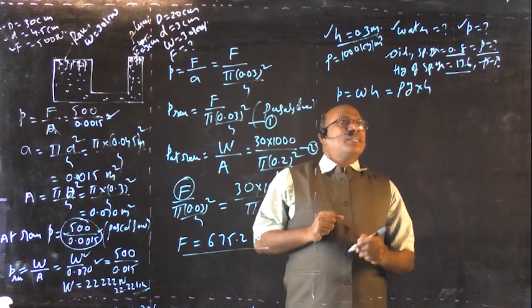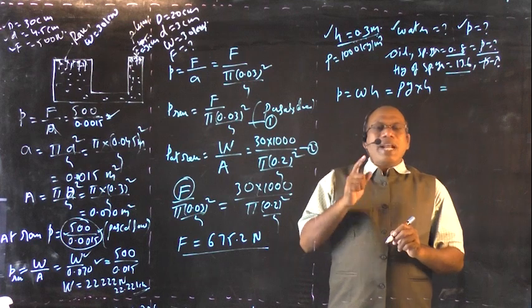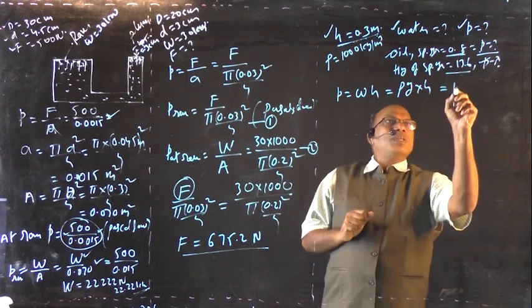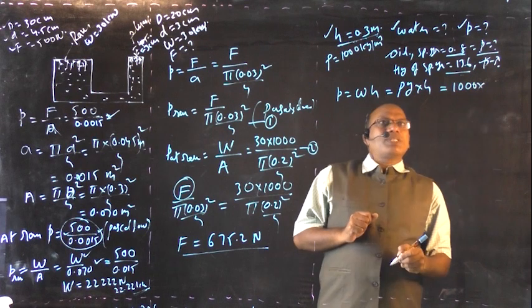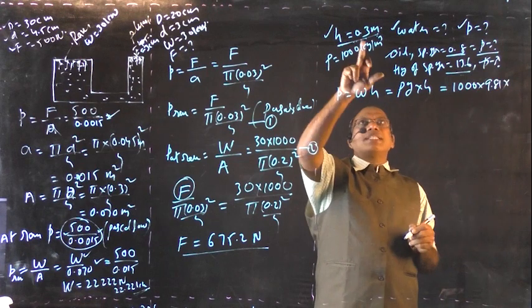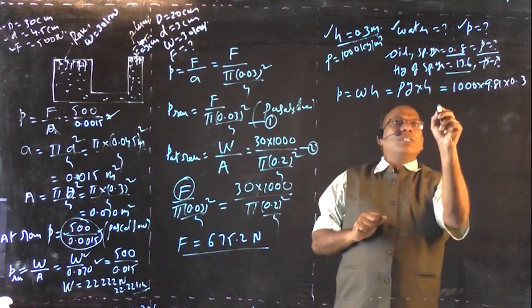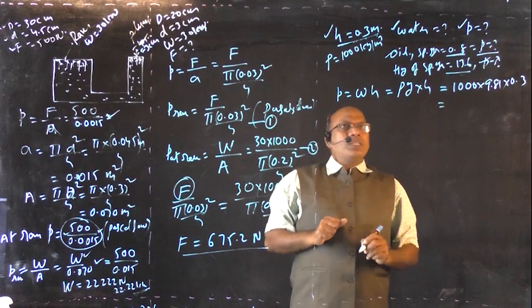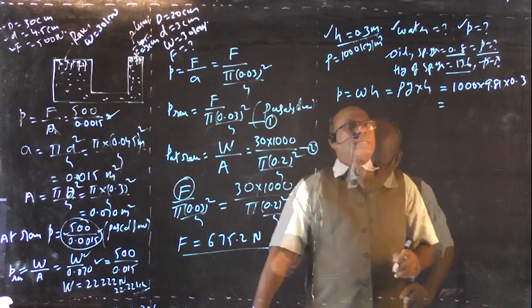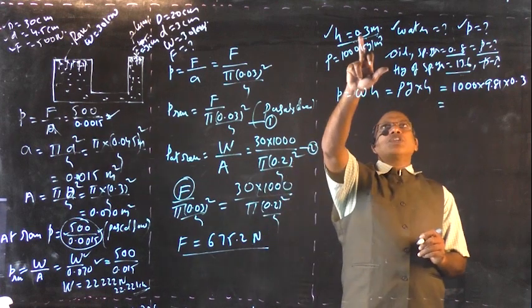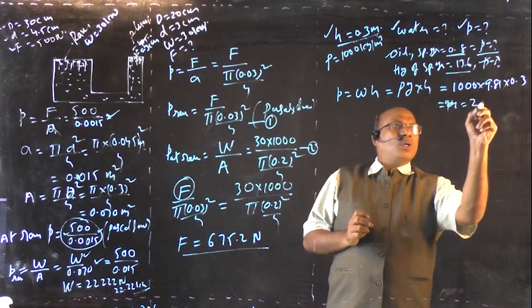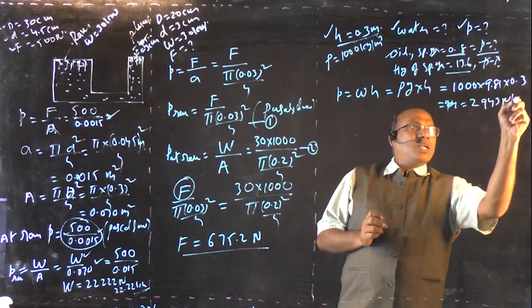Water density is 1000 kg per meter cube. 1000 into g value 9.81 into H, given as 0.3 meters. Therefore, the pressure intensity because of the 0.3 meters of water column is 2943 Newton per meter square.